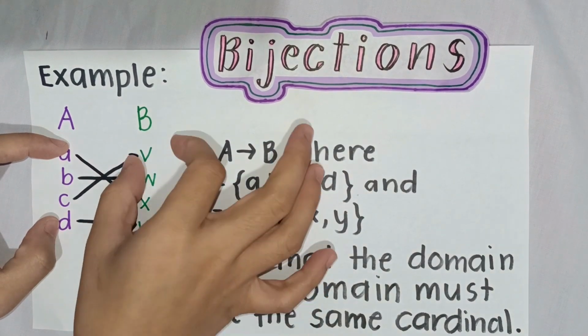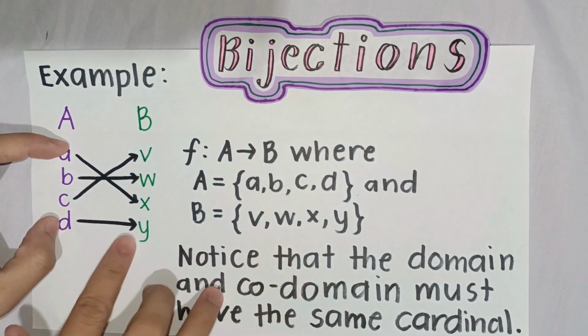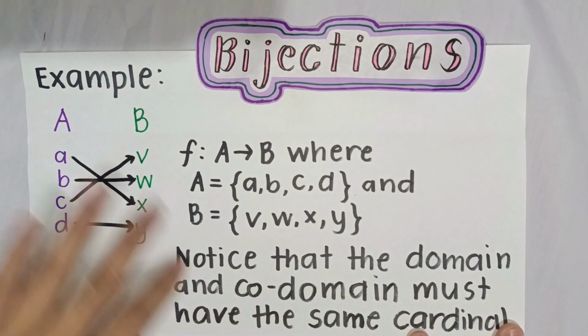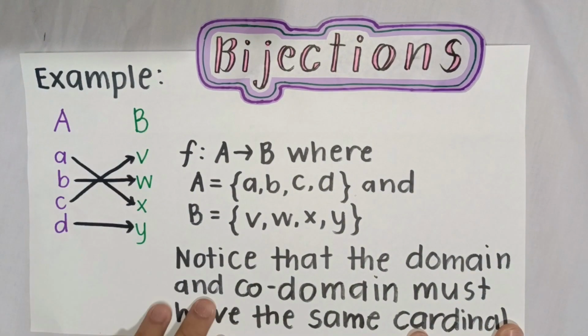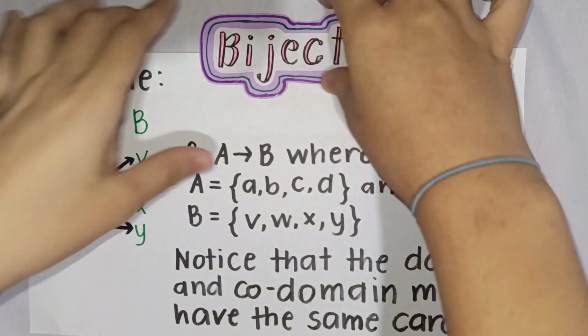If we compare this to the surjection and the injection, in injection there is more cardinality in the codomain, while in surjection there is more cardinality in the domain. In here we can see that they have the same cardinality.